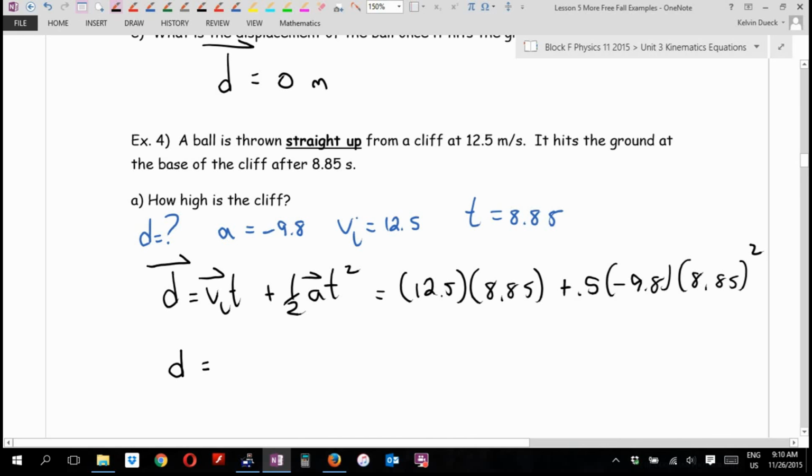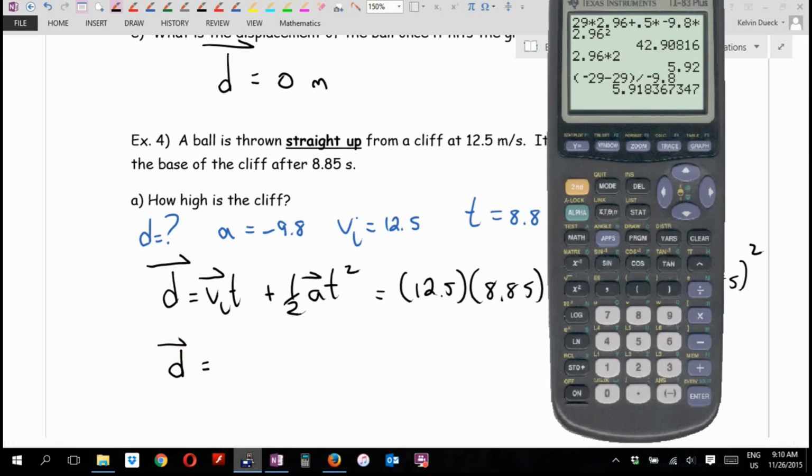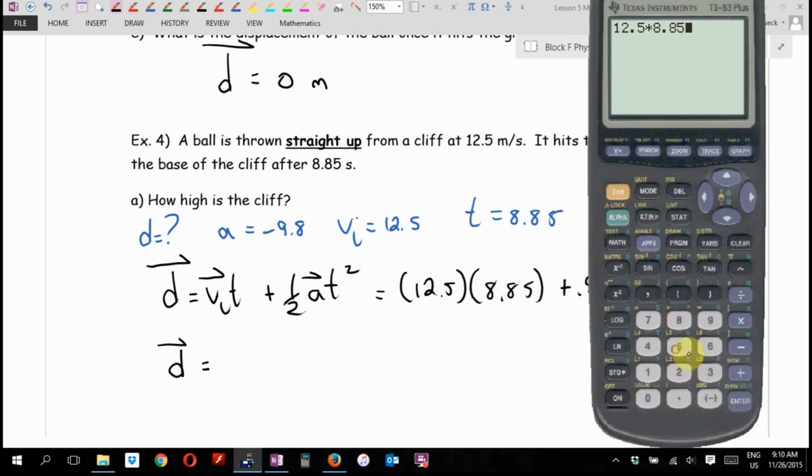How high is the cliff? $12.5 times 8.85 plus a half times negative 9.8 times 8.85 squared.